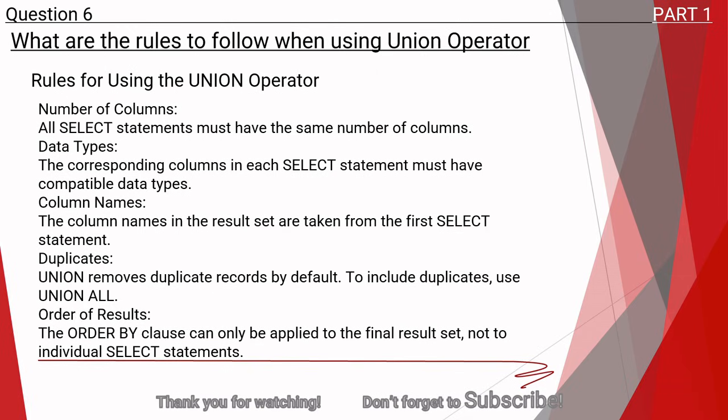Additionally, the column names in the final result set will be taken from the first select statement. It is important to note that union removes duplicate records by default. If you want to include duplicates, you should use union all. Lastly, the order by clause can only be applied to the final result set, not to individual select statements.